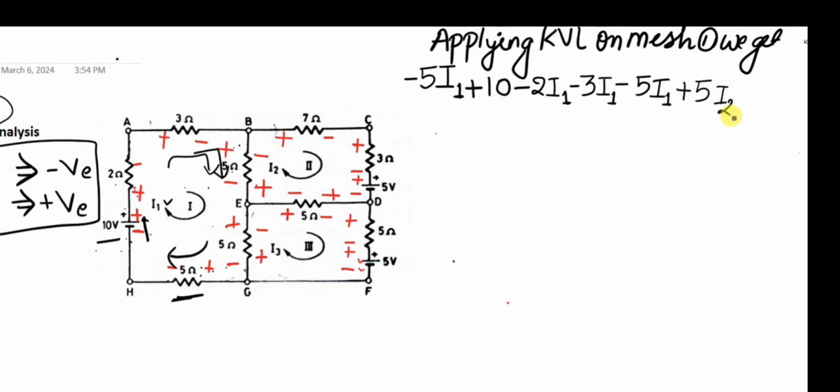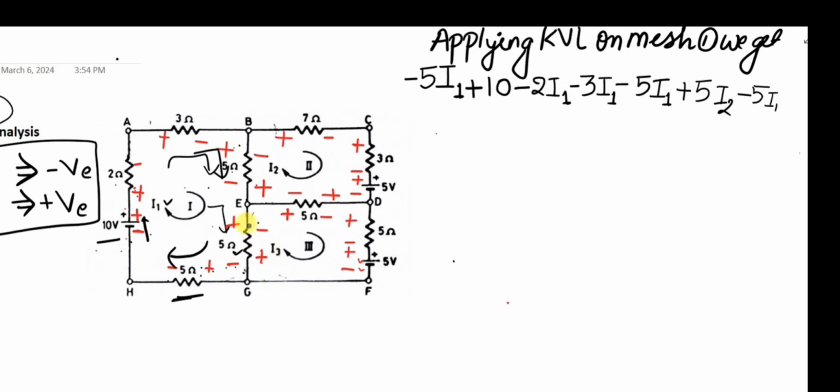Then for the next 5 ohm, we again see plus to minus, so we'll write minus 5I1. Again there is I3, which is minus to plus, noticing from the upper side to the lower side.